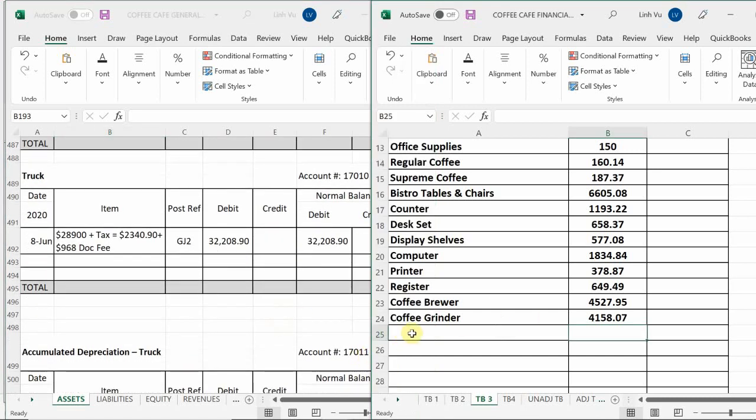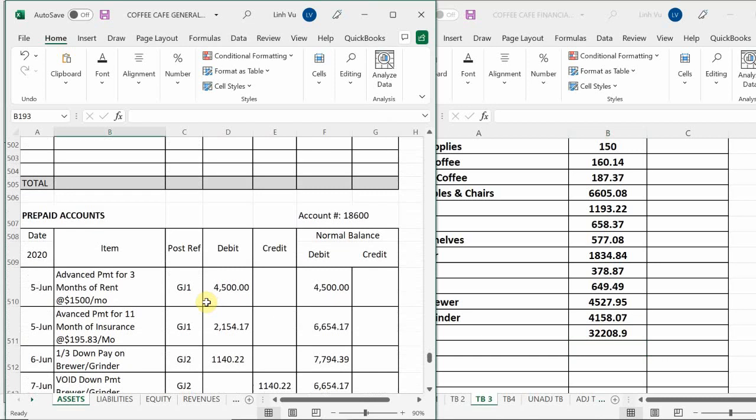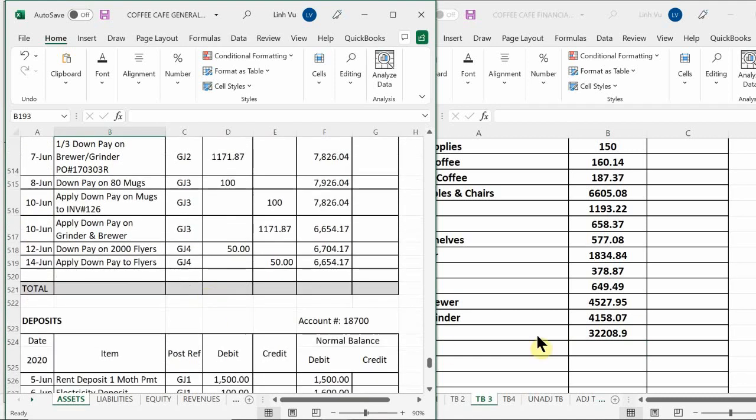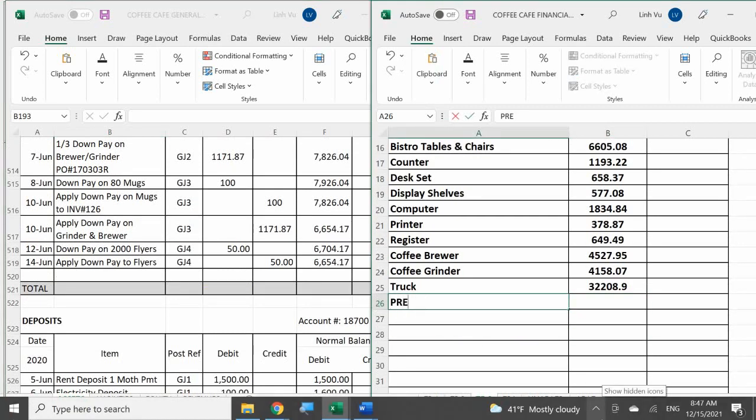Truck, 32,200.890. Okay, so we got some prepaid accounts, 654.17.